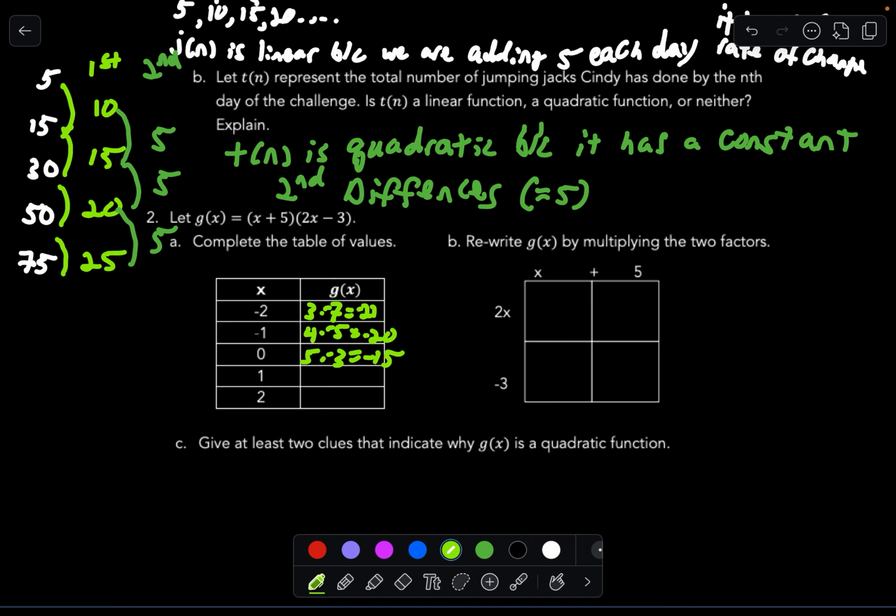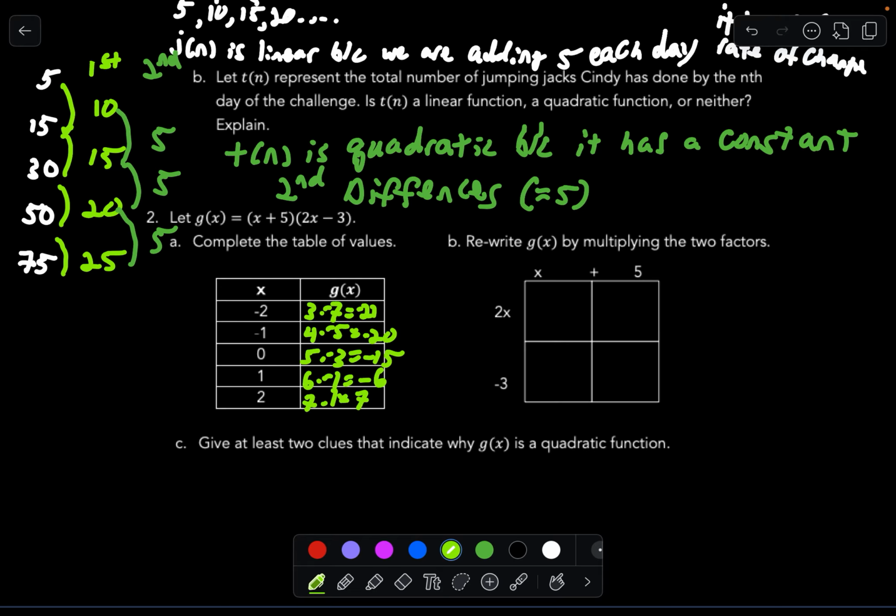When x is 1, that's going to be 6 times negative 1, which is negative 6. And when x is 2, it's going to be 7 times 4 minus 3, which is 1, which equals 7.